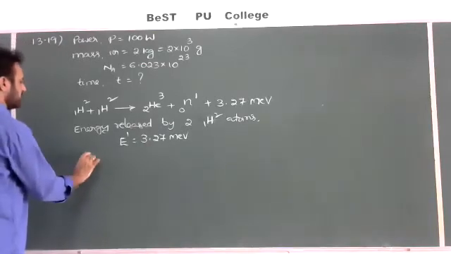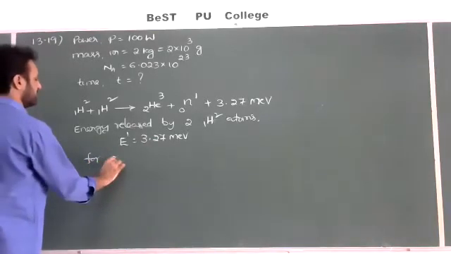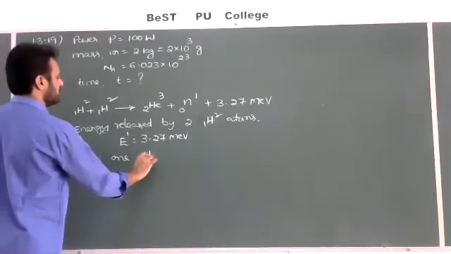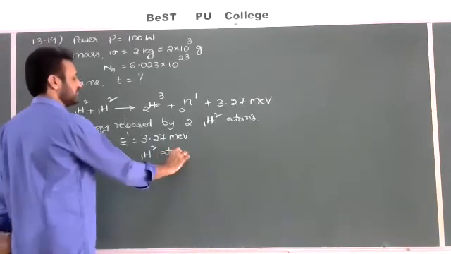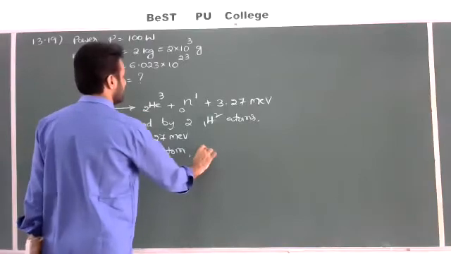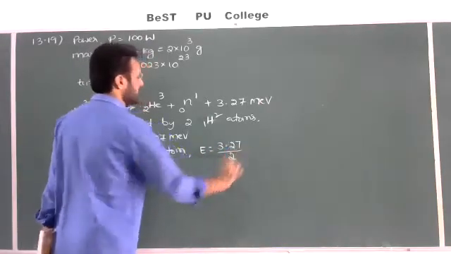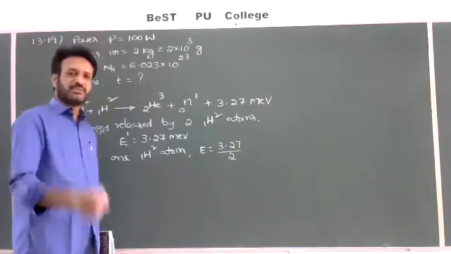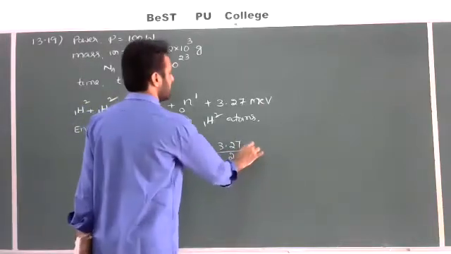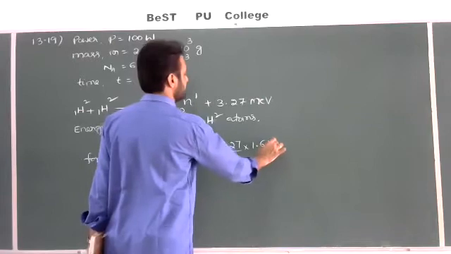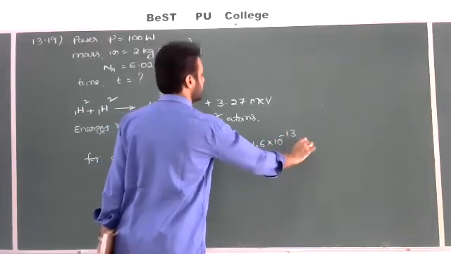Therefore for 1 1H2 atom, E is equal to 3.27 divided by 2 MeV. But instead of MeV I want to convert into joule. 1 MeV is equal to 1.6 into 10 to the power of minus 13 joule.